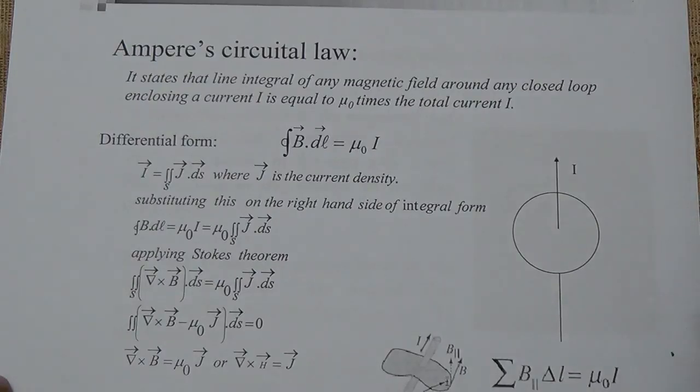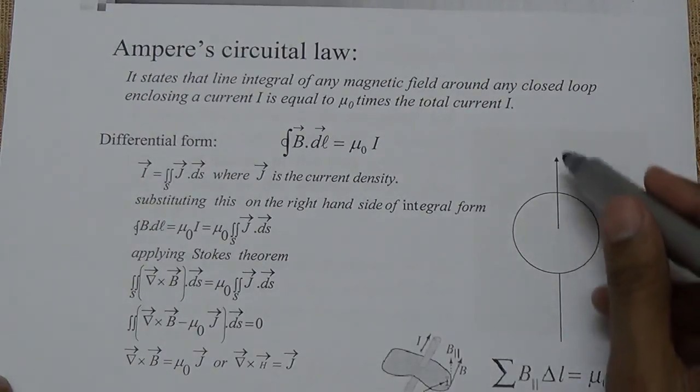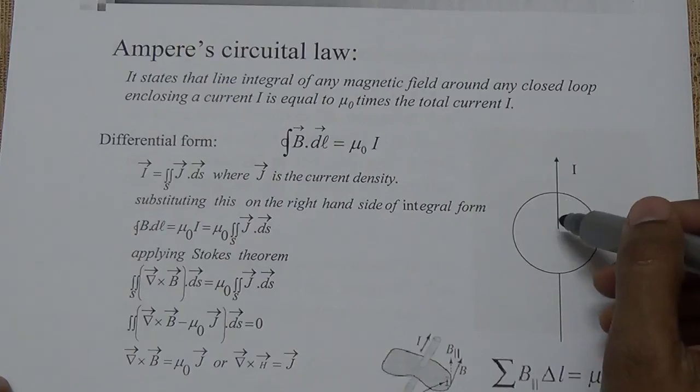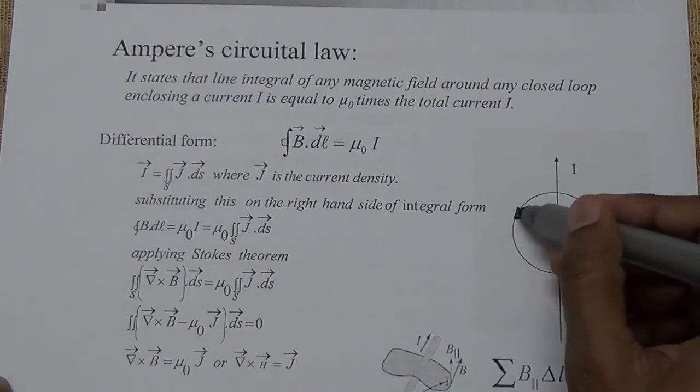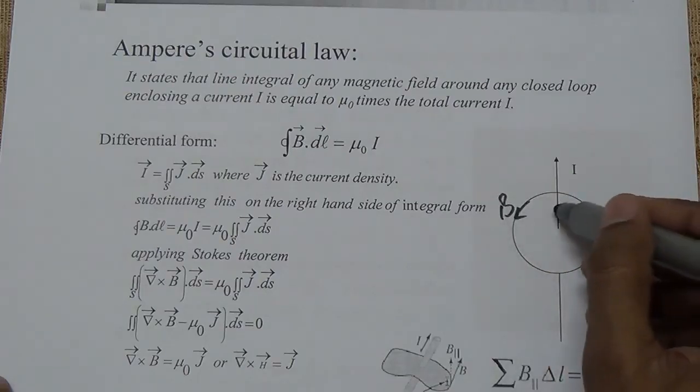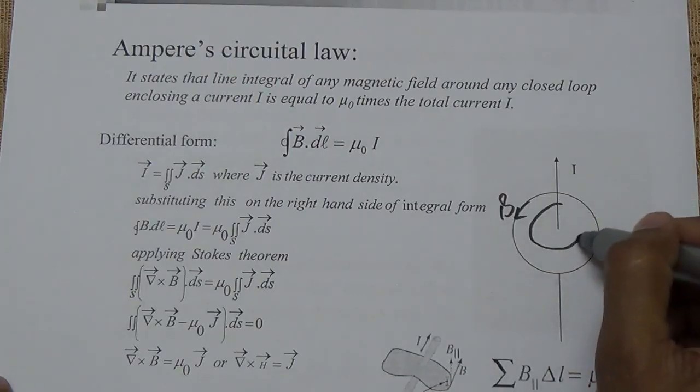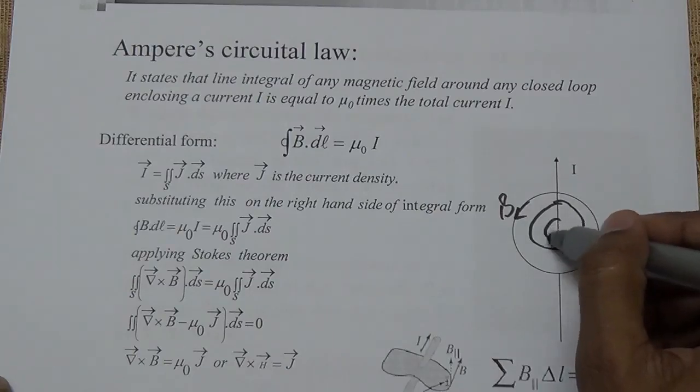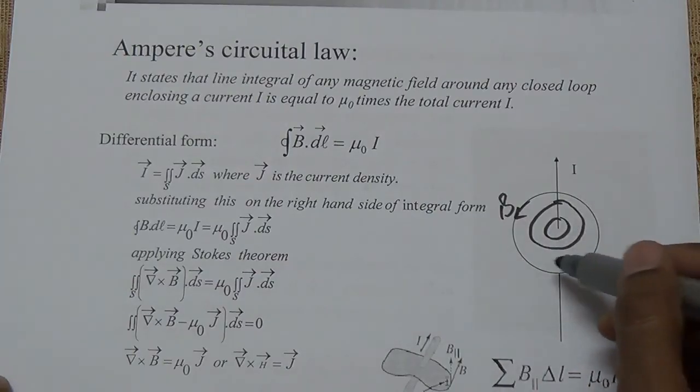Now the Ampere circuital law. This is a current carrying conductor. Current I is flowing, so as a result, a magnetic field develops in circles. These are the magnetic fields, circles like this one.